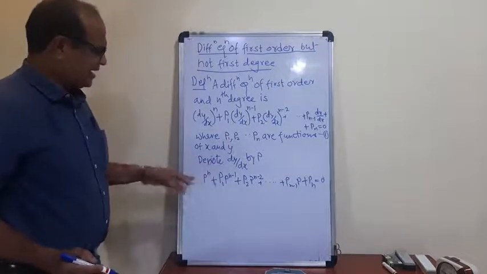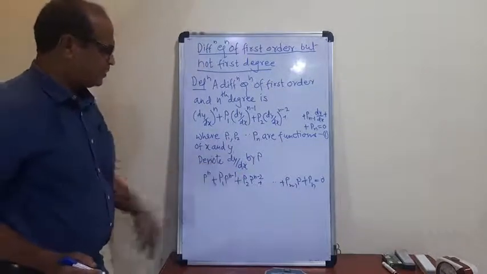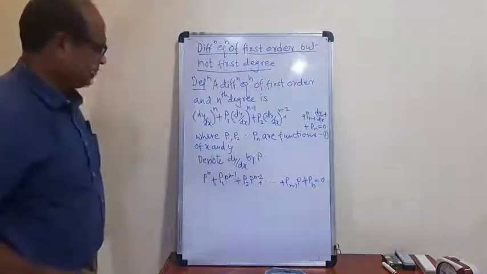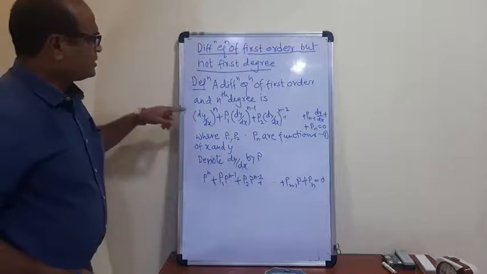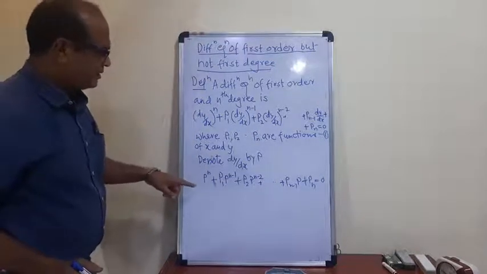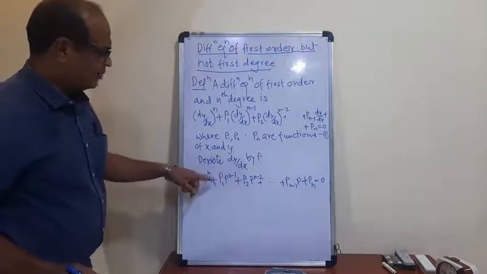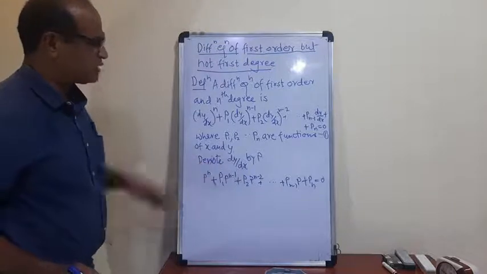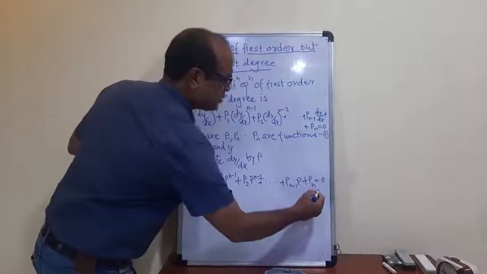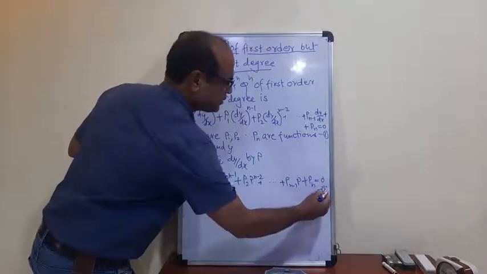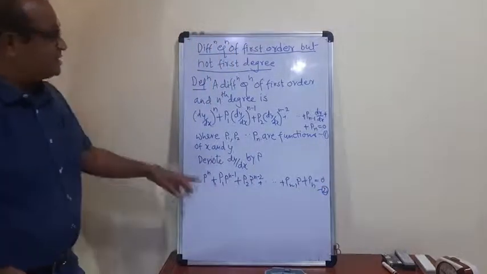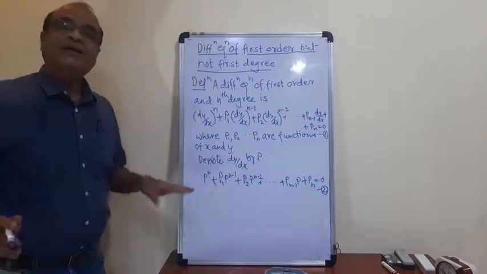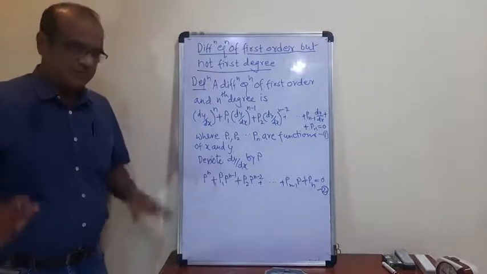So we say this is capital P, and these are the small p's. Okay. So this equation can be written as p^n + p1 p^(n-1) + p2 p^(n-2) and so on. So this is equation number 2. So this is the first order and higher degree differential equation.